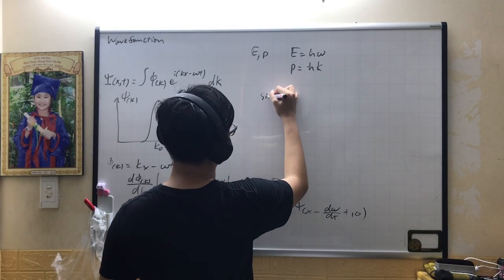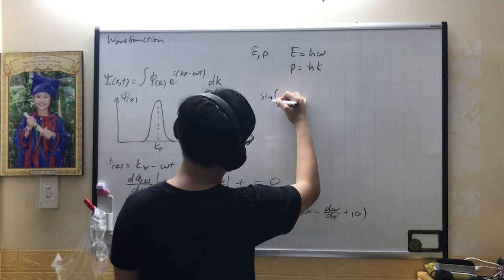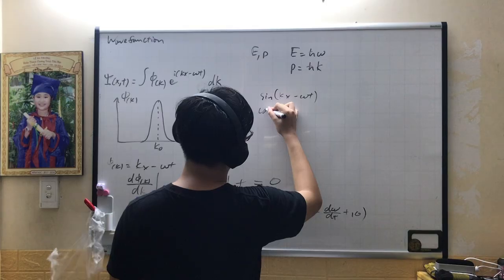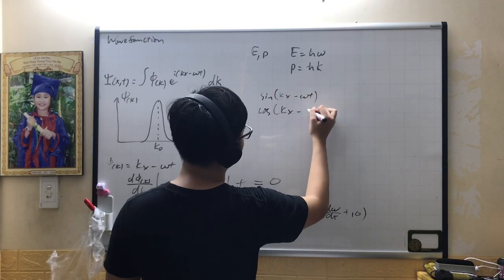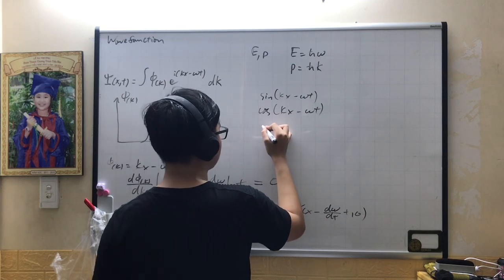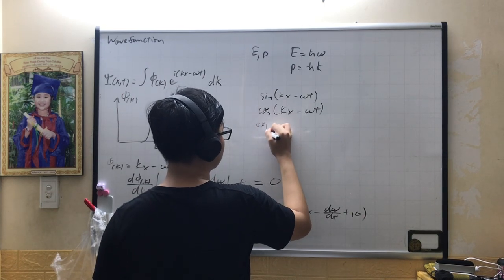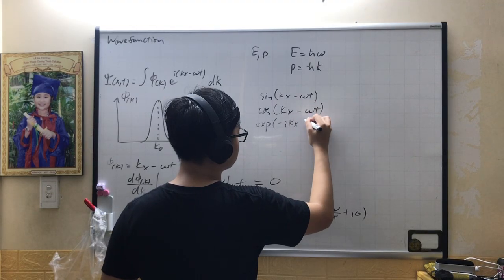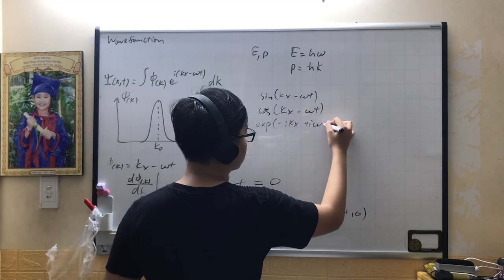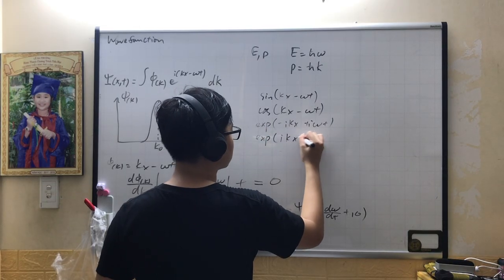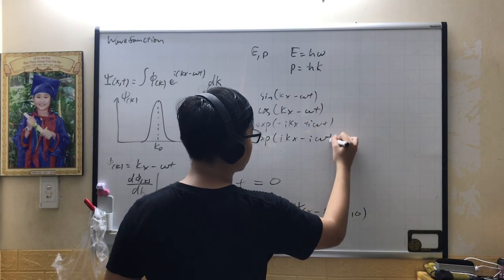First is the sine of kx minus omega t. Next is the cosine of kx minus omega t. The two last ones are the exponential of minus ikx plus i omega t, and the exponential of ikx minus i omega t.